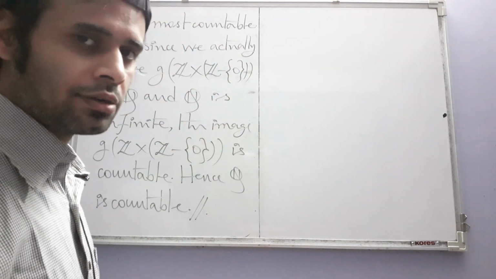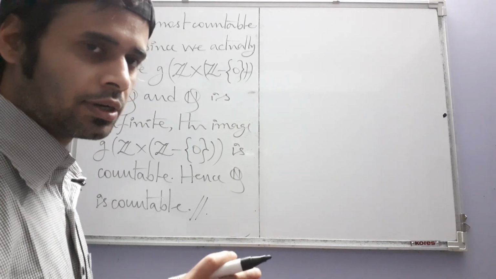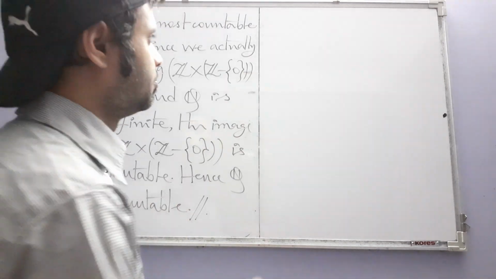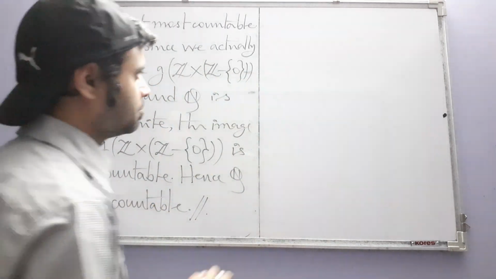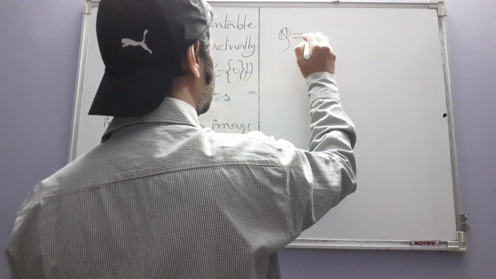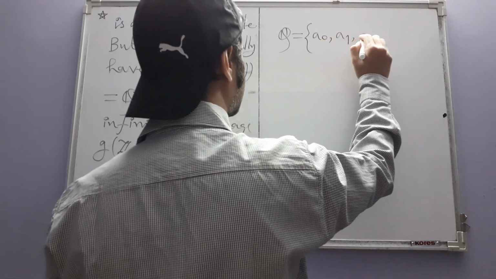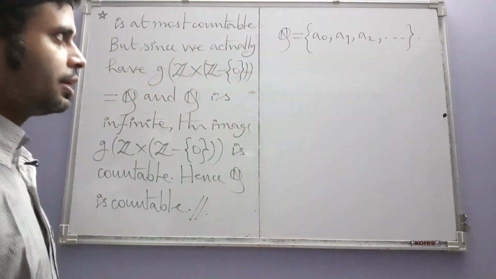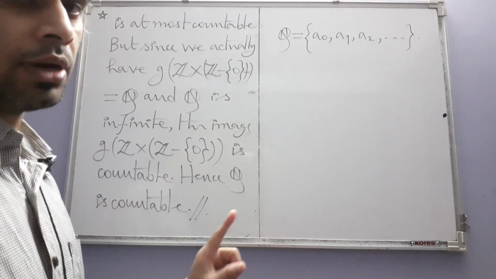The list will never end, but in that list all the elements will be found in precisely one location. So now that we have proved that the set of rational numbers is countable, its elements can also be written like this, as a list. And in this list, in fact, every rational number will appear exactly once.